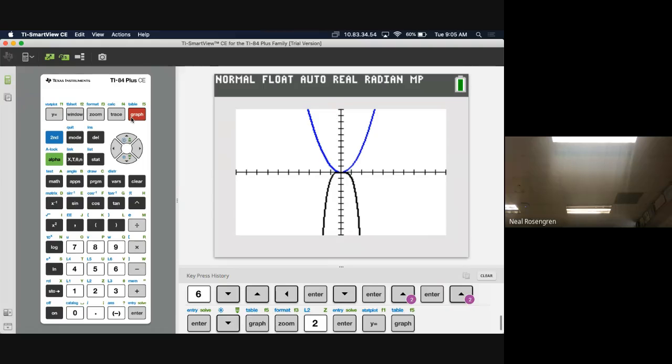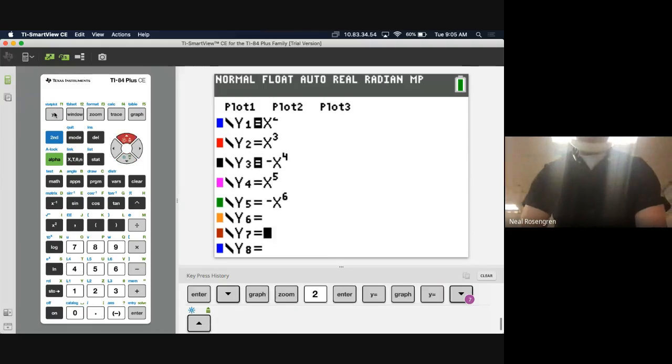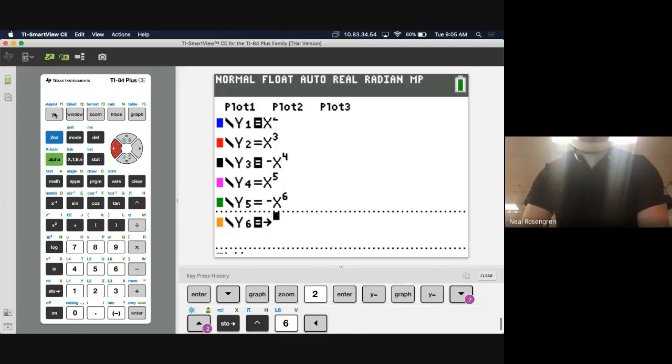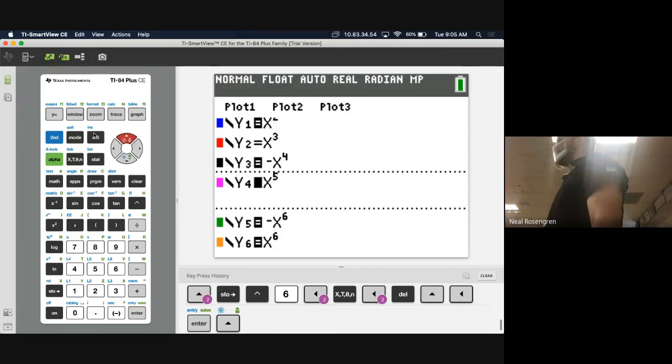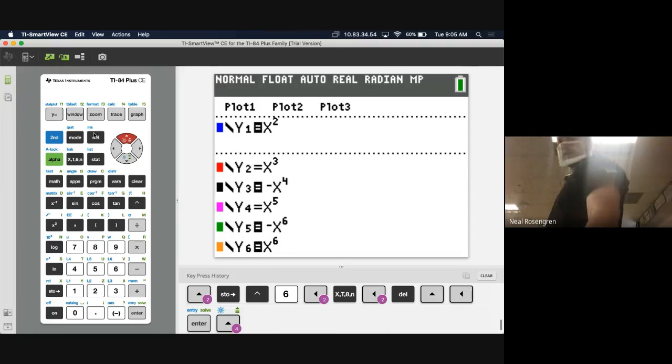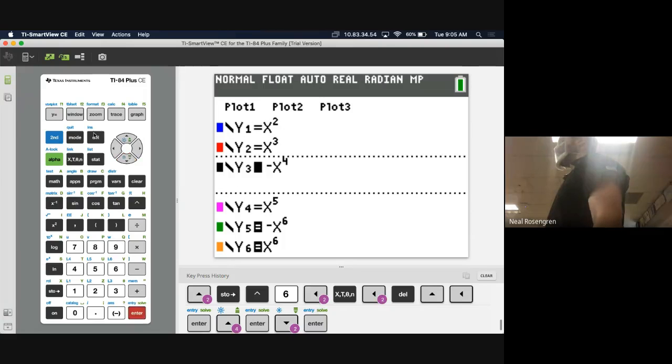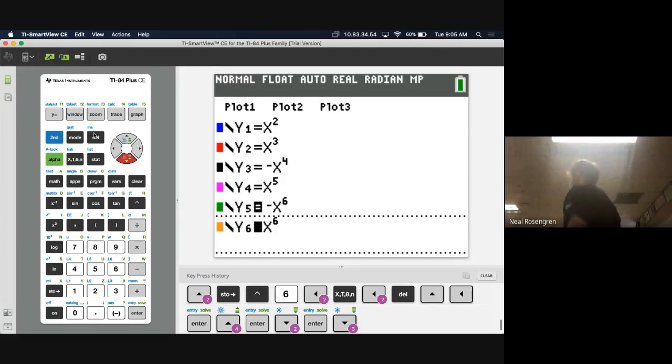The negative, yeah. And so if I were to type in something like these two, negative x to the sixth versus positive x to the sixth, which one is going to be pointing up, the green one or the orange one? Right, positive leading coefficient should point me going up in that direction.